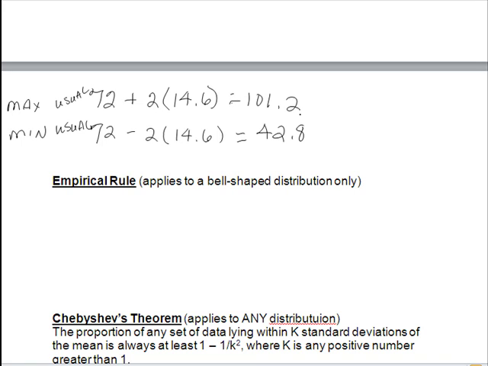Bell-shaped distributions, and very often that's referred to as the normal distribution. Okay, so this is a bell-shaped distribution. Our mean is in the middle.